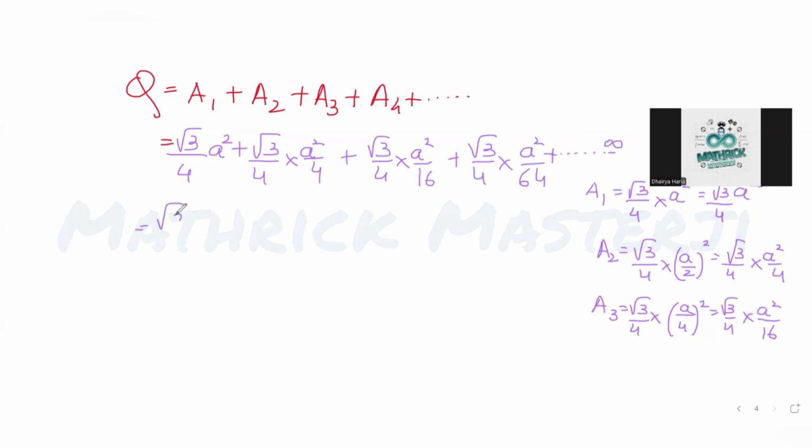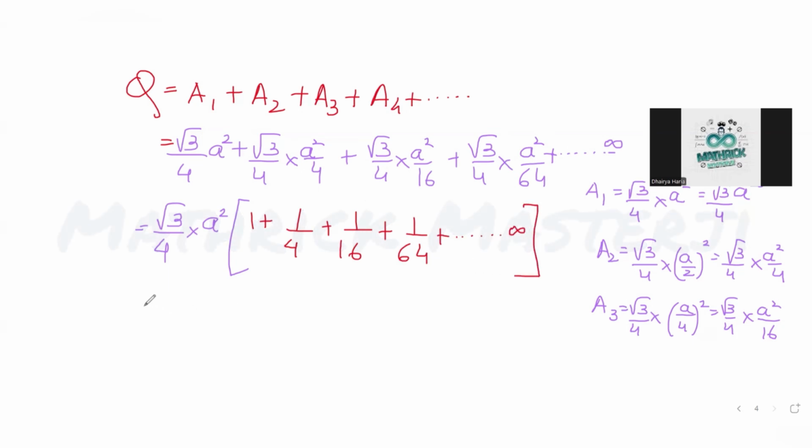So from here, I get root 3 over 4 times a square. Everything is common. So the left out terms are 1 plus 1 over 4 plus 1 over 16 plus 1 over 64 till infinity. And this basically, if you see, is a geometric progression which has a constant common ratio. To get every other term, I just multiply with 1 over 4.